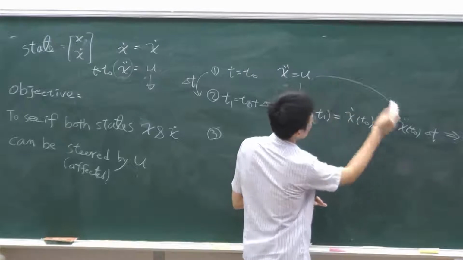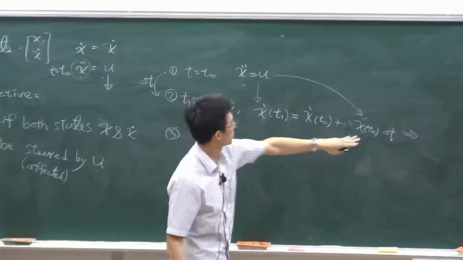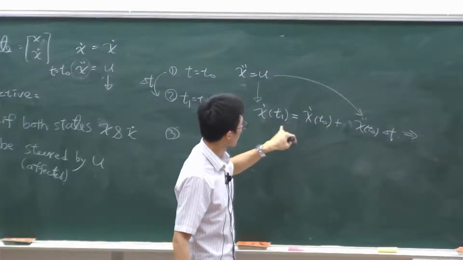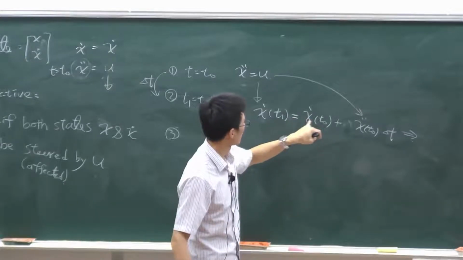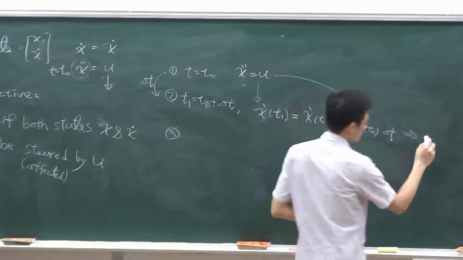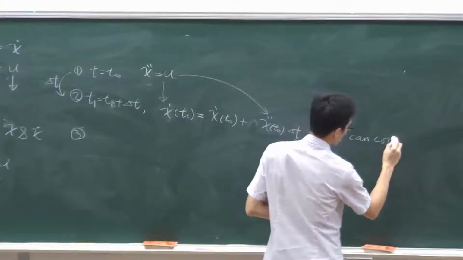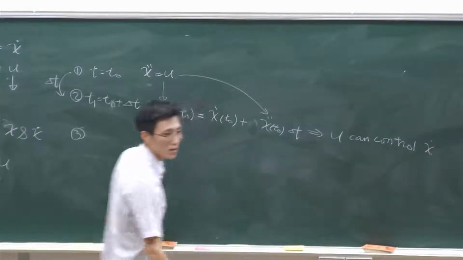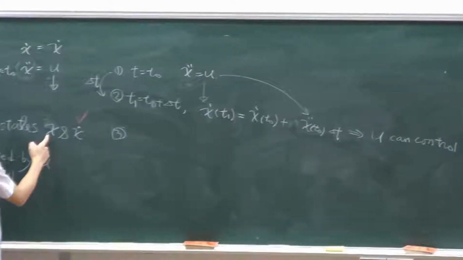It comes from here. If your U is 0, this is 0, and these two will be the same. But now we know it's non-zero, so they are different between t1 and t2. That means you can control x dot. So this one is okay. How about this one?